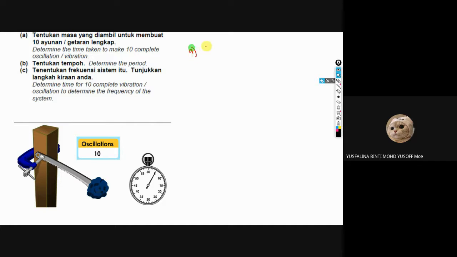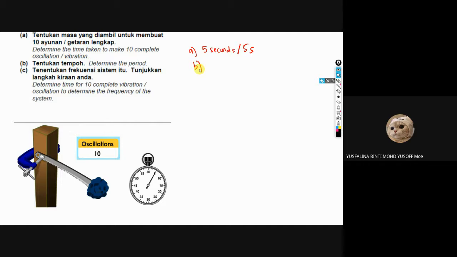The answer for A is 5 seconds, or you can put 5 s. For B, you have to determine the period. The period is the time taken for one complete oscillation, so this one you have to divide.